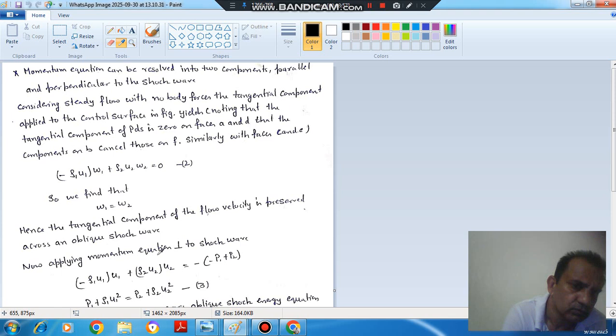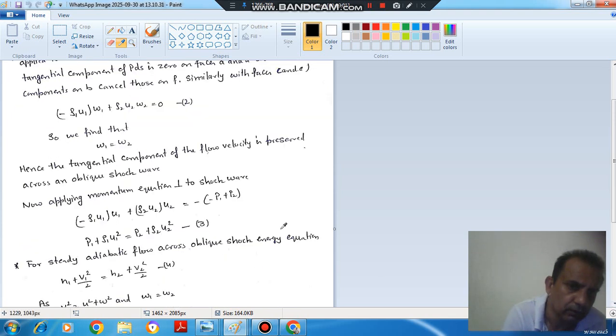Now if we take the perpendicular component, this is your initial momentum, rho 1 u1 times u1, and this is your final momentum, and across the shock wave there is a change in pressure. The final pressure is P2 and the initial pressure is P1. The change in momentum is the negative of the change in pressure.